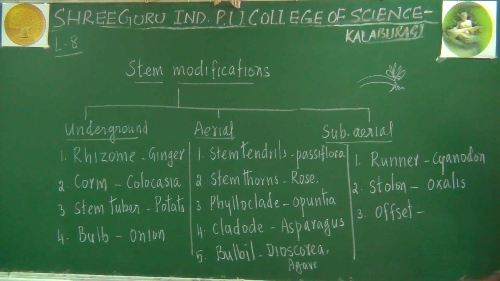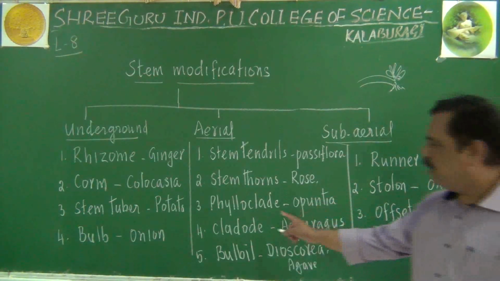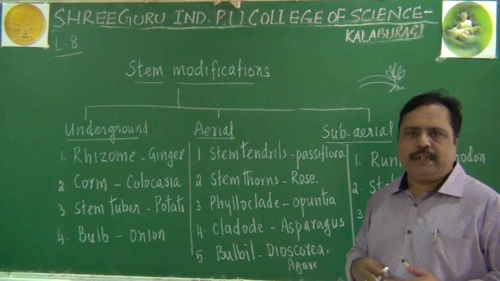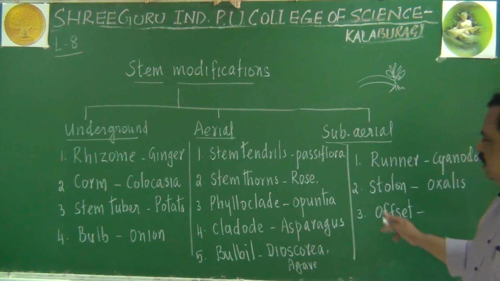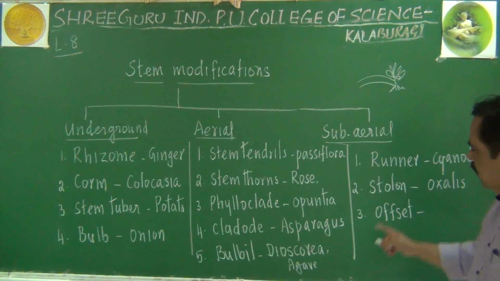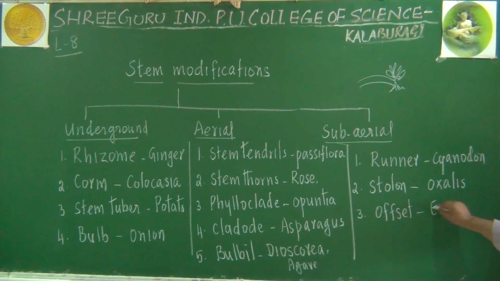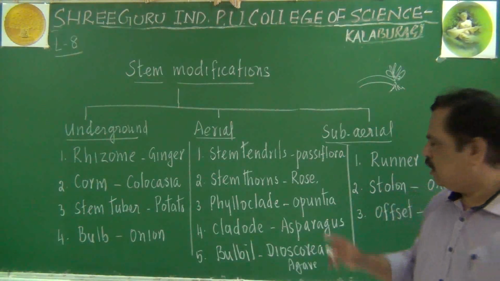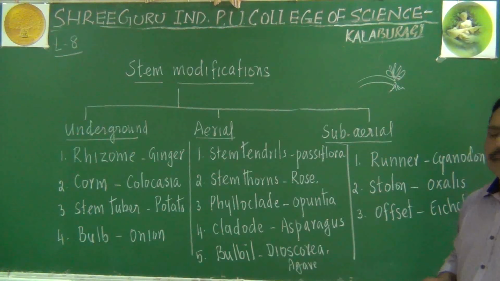Remember, offsets are found in hydrophytes, while phylloclads are found in xerophytes, desert or dry habitat plants. Offsets are found in water-living plants called hydrophytes. Hydrophyte examples you may remember: Eichhornia is given in your textbook. In addition to that, pistia and eichhornia, they are all exhibiting offset.